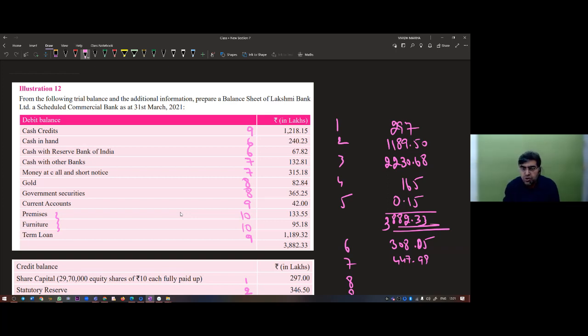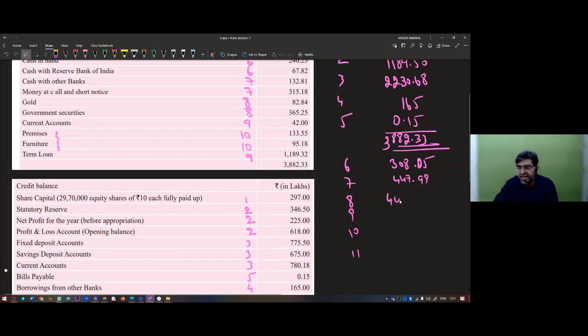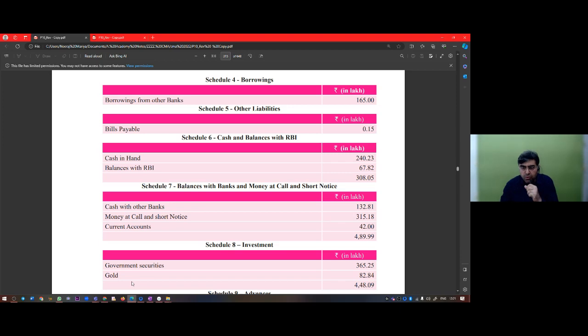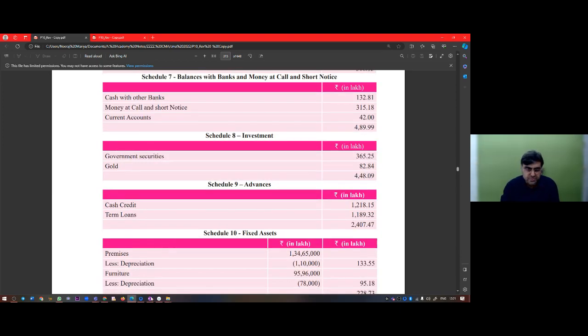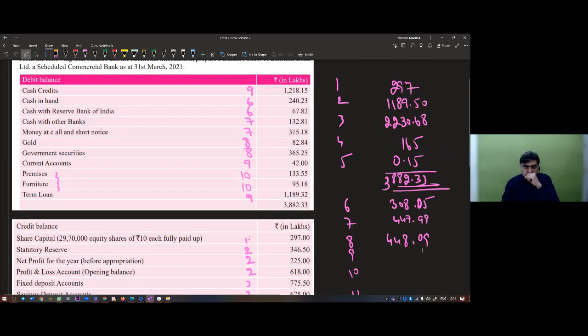82.84 plus 365.25, 448. Nine is 2449.47.